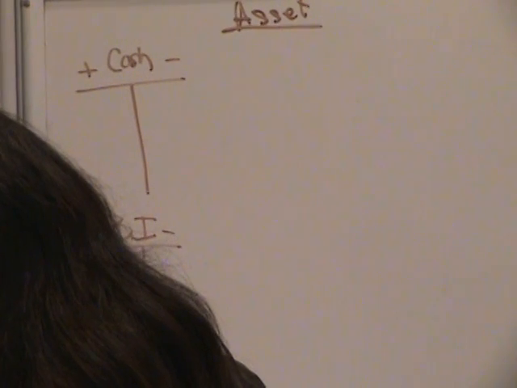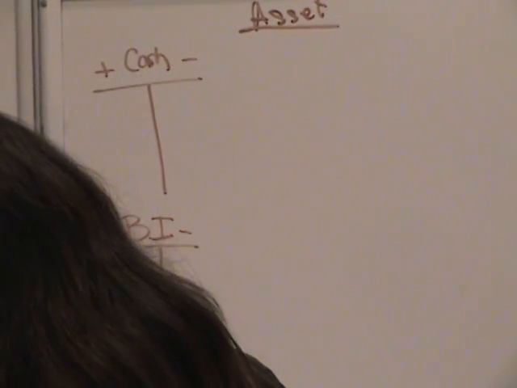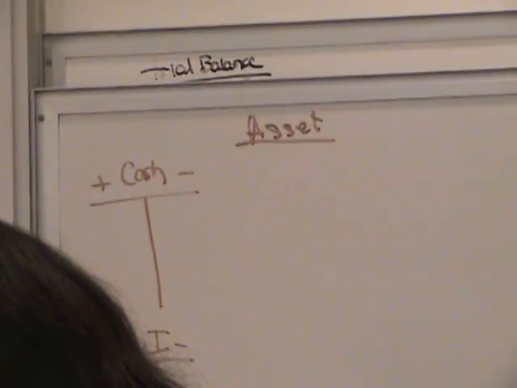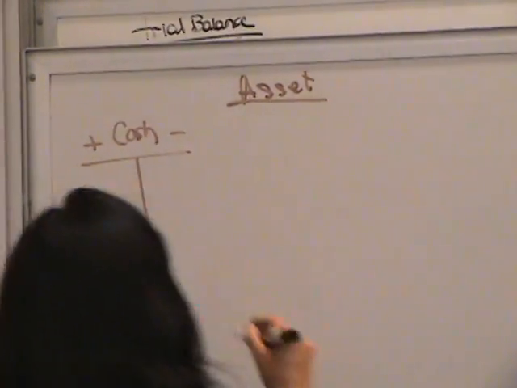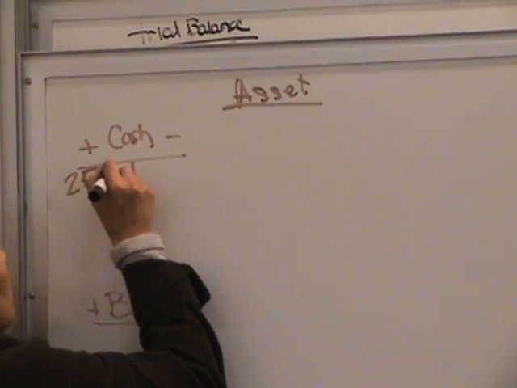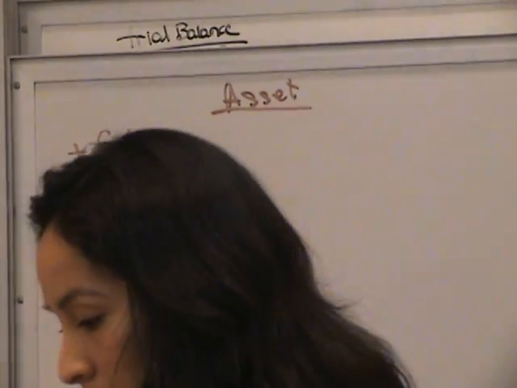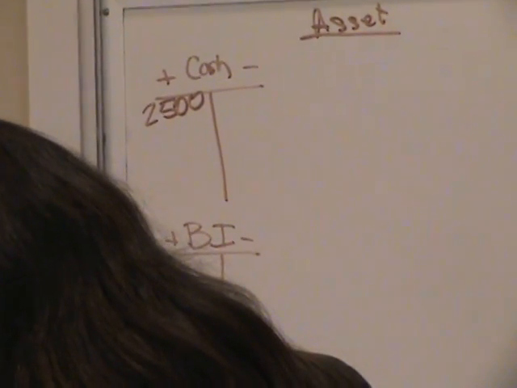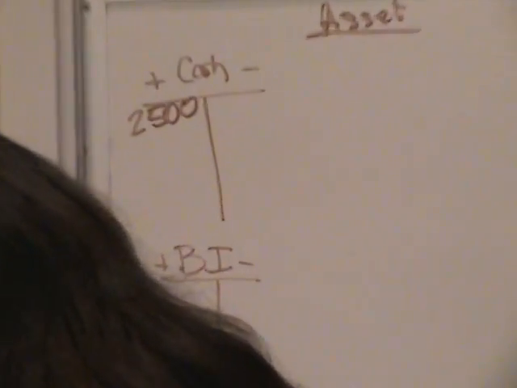At the beginning of the current season, the village tennis shop showed cash 2,500. I fill in cash 2,500. And how much is beginning inventory? Well, it says merchandise inventory 1,700. Put in beginning inventory 1,700.